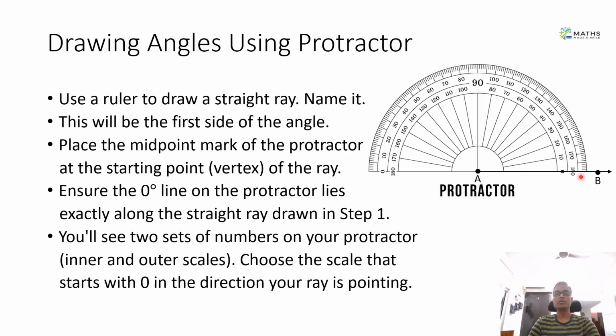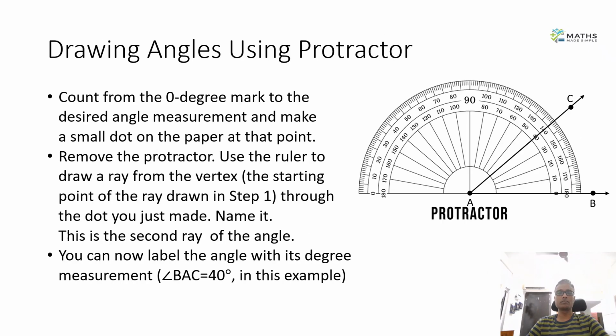You will see two sets of numbers on your protractor, the inner and the outer scales. As explained earlier, choose the scale that starts with 0 in the direction your ray is pointing. Once you have the protractor aligned correctly, count from the 0 degree mark to the desired angle measurement and make a small dot on the paper at that point.